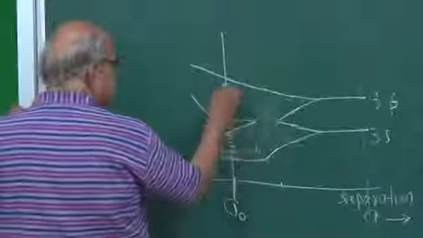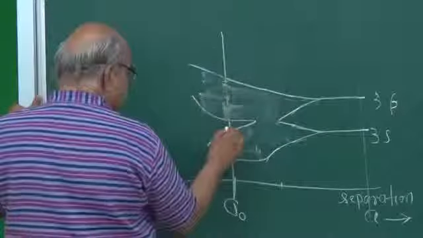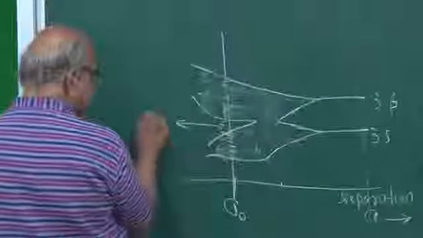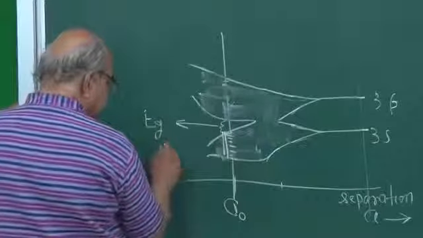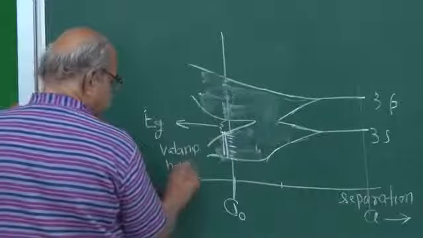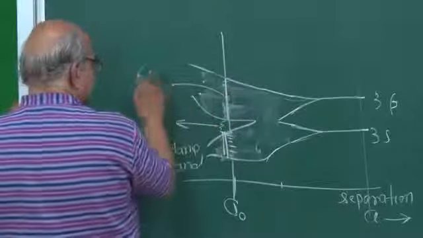You have quantum states here, and this is the gap. So this is that Eg, and this is that valence band, and this is that conduction band.